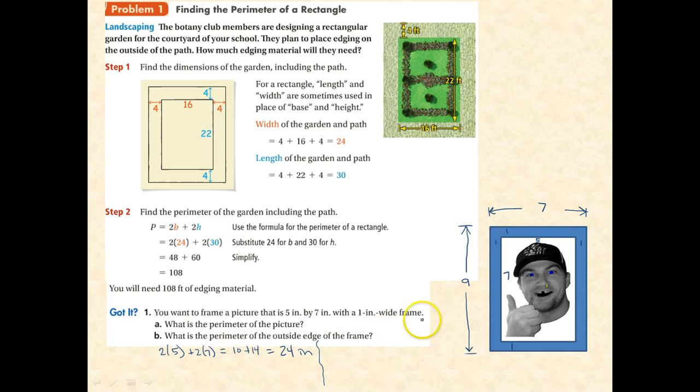Now the perimeter of the outside edge of the frame is going to be 2 times 9 plus 2 times 7. That's 18 plus 14, and that is 32 inches.